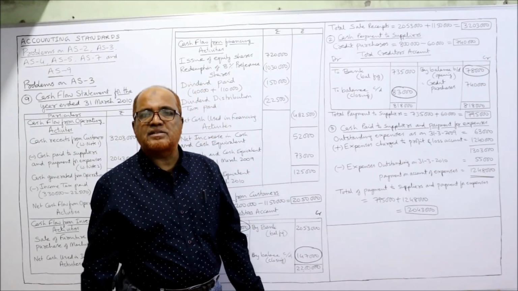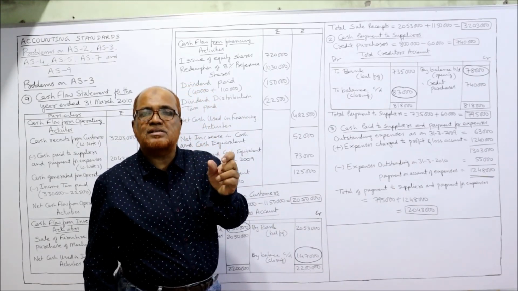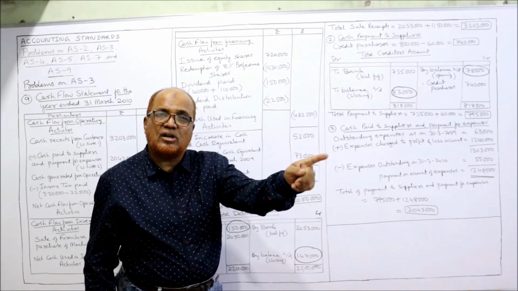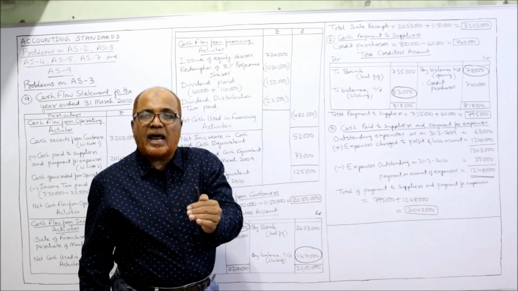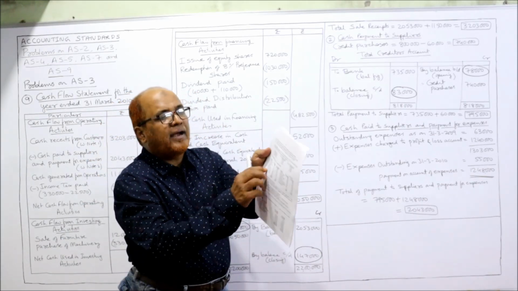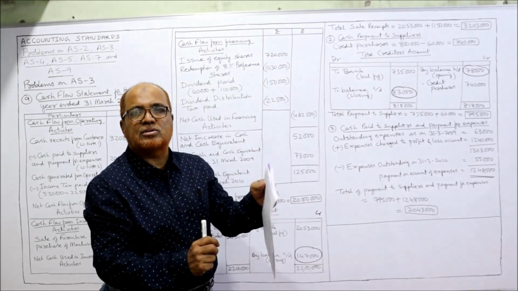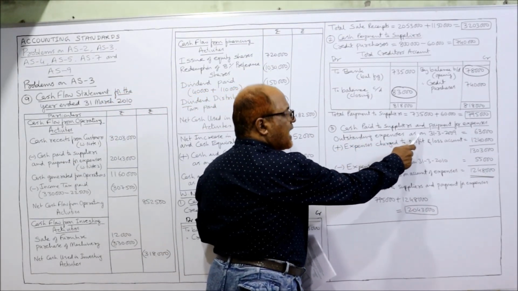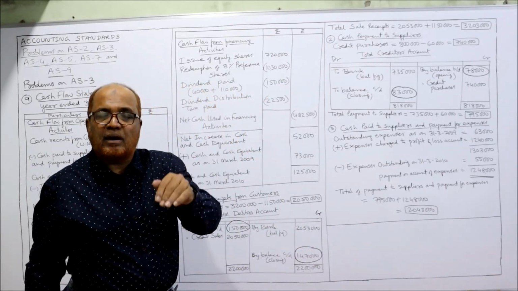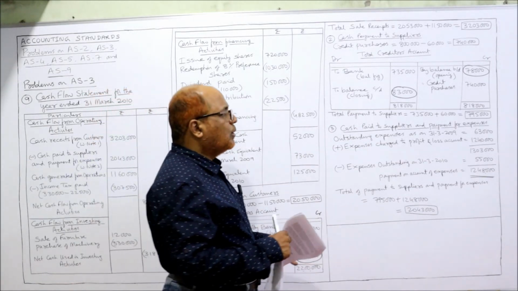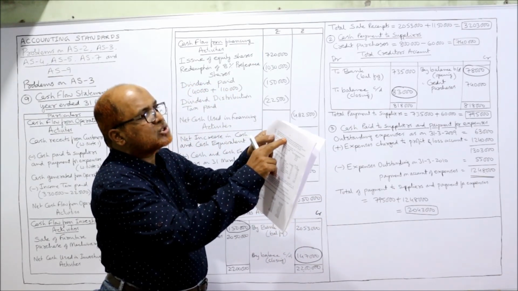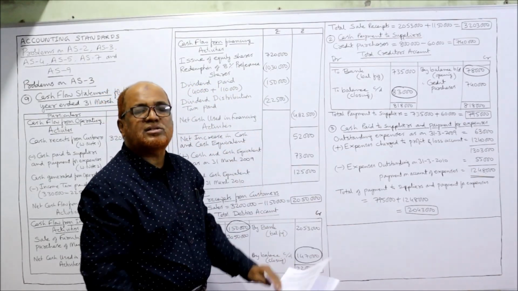For finding out cash expenses paid, take the outstanding expenses at the beginning of the year, add expenses charged to profit and loss account during the year, and subtract outstanding expenses at the end of the year. So here in the problem, unpaid expenses at the beginning of the year are 63,000. So I have taken outstanding expenses as on 31st March 2009. Last year's closing will become current year's opening. So opening outstanding expenses 63,000. And how much are the total expenses? 12,40,000 charged to profit and loss account.